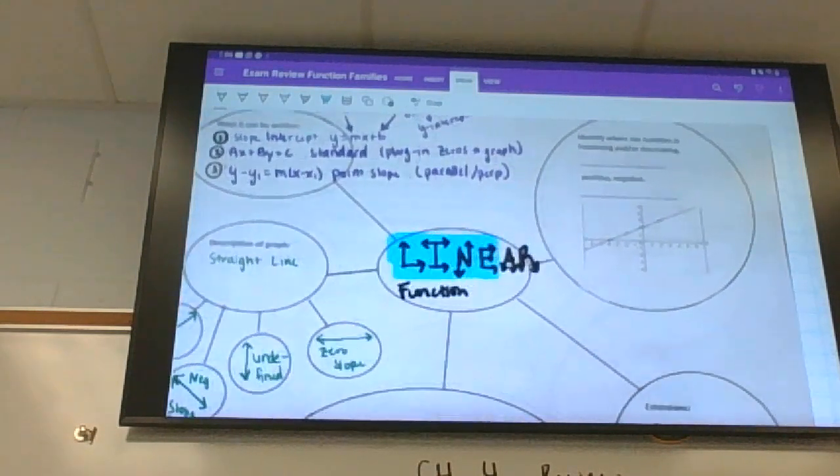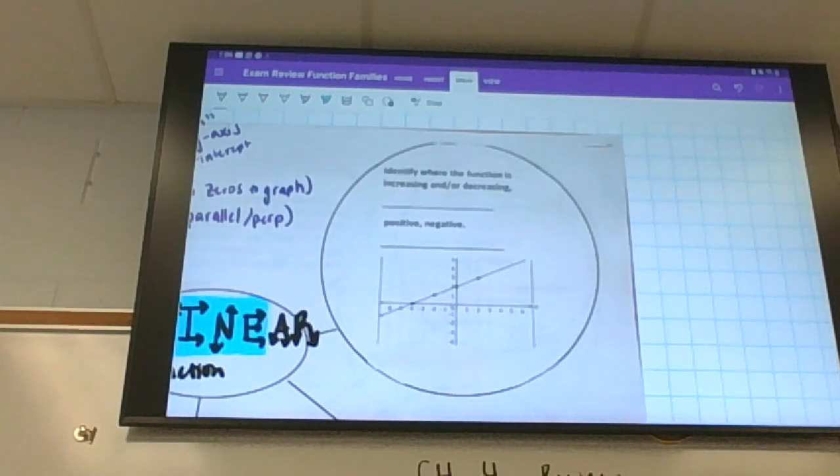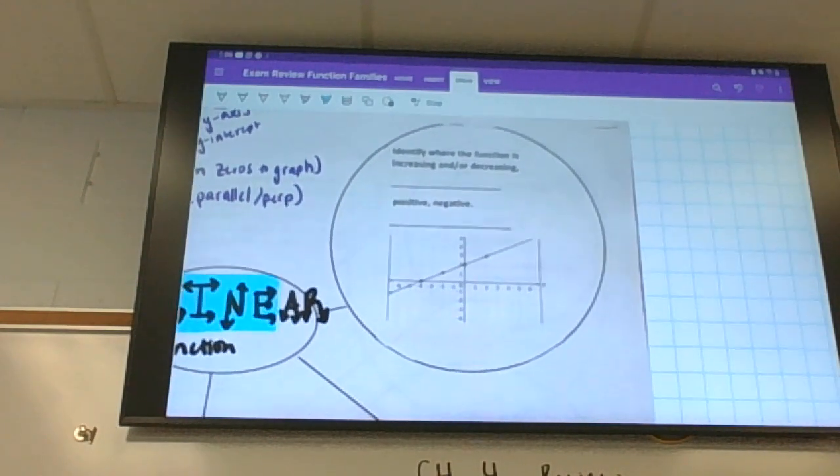Yeah, let's take a look. We've got to answer it, right? Do you think it's increasing or where do you think it's decreasing? Increasing the whole way, because you read it left to right.